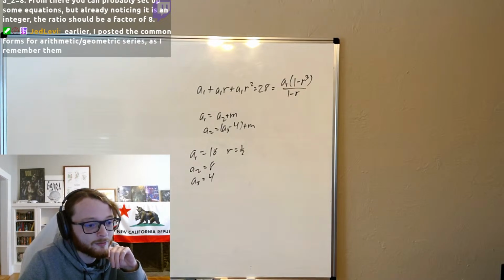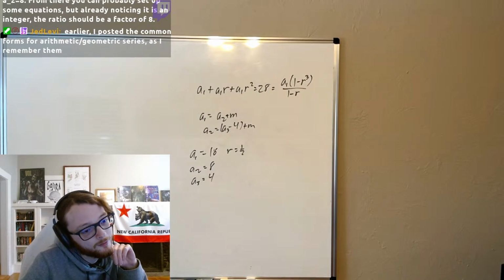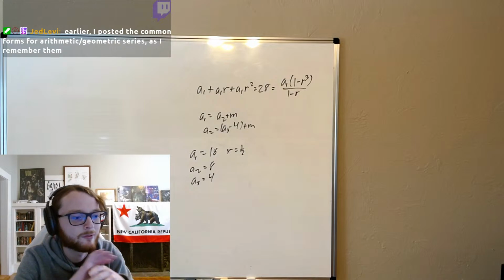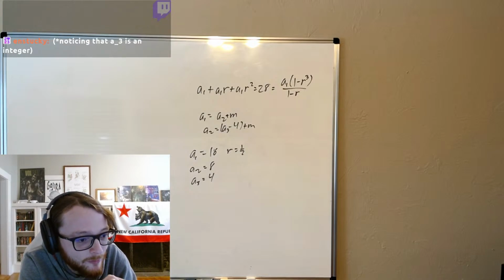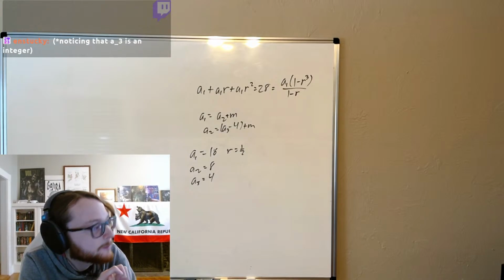The arithmetic sequence tells you that 3A2 equals 28 minus 4. So A2 equals 8? Really?